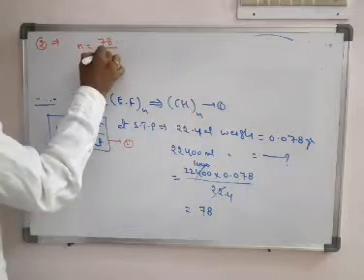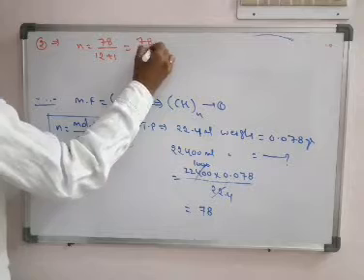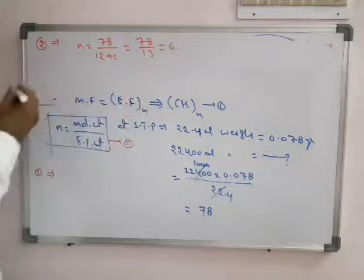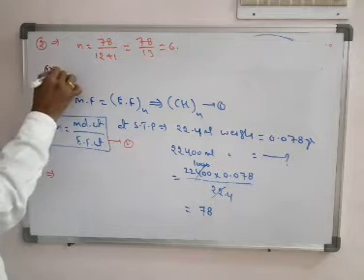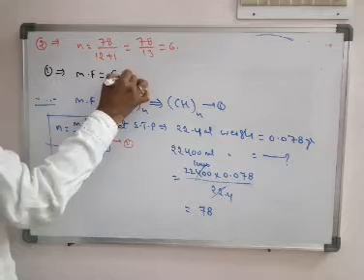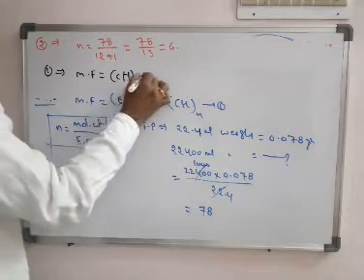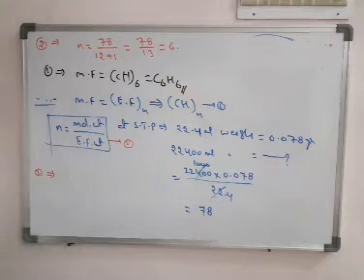Empirical formula weight means 1 carbon and 1 hydrogen, which is 13. So n is 6. Now substitute in equation 1 to get the molecular formula. Therefore molecular formula equals CH all taken 6 times. So the molecular formula of the compound is C6H6.